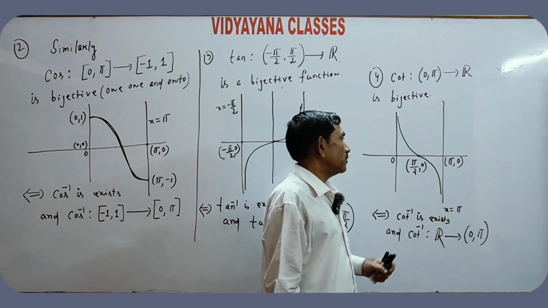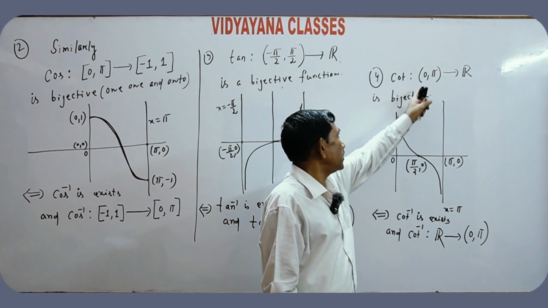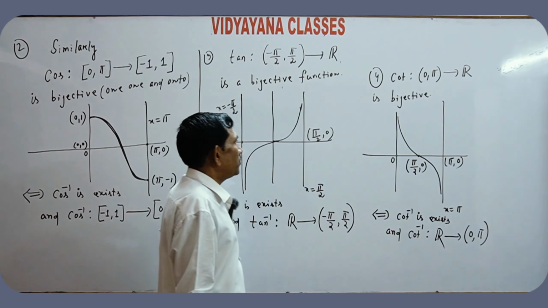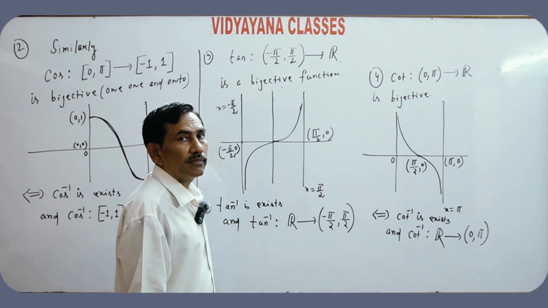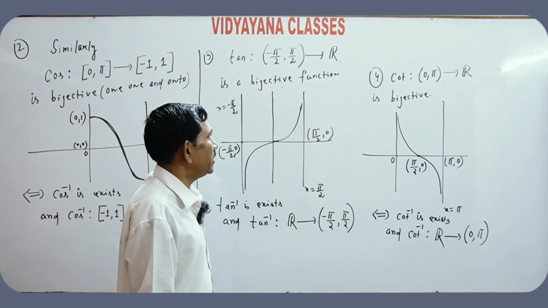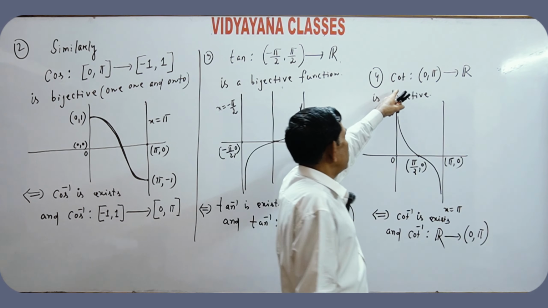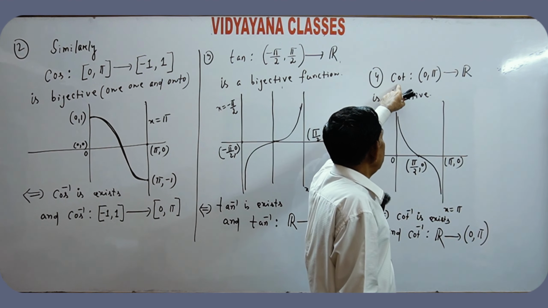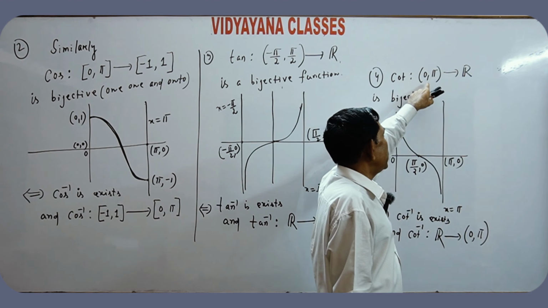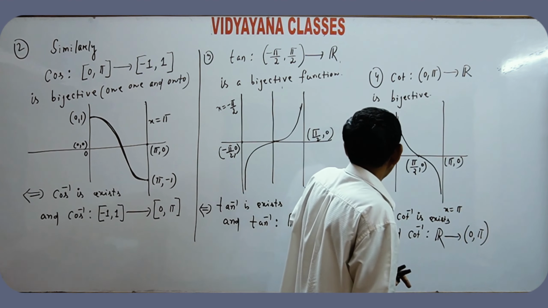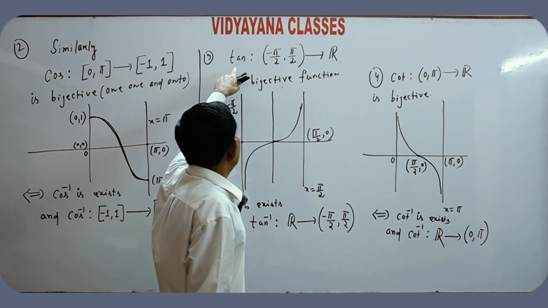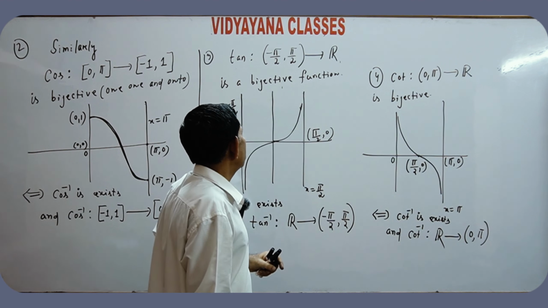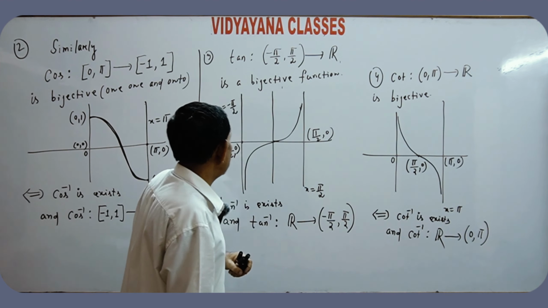That means the inverse of the function in this interval exists, since the function is 1-1 and onto. That means the function defined by cot is bijective. The cotangent function is bijective in this interval, so its inverse exists. The tangent function is bijective in this interval, so its inverse exists.